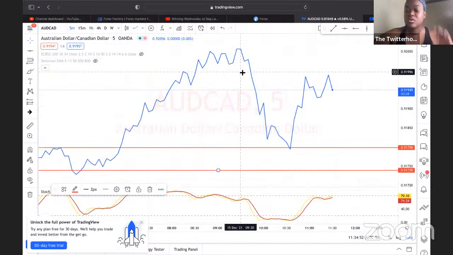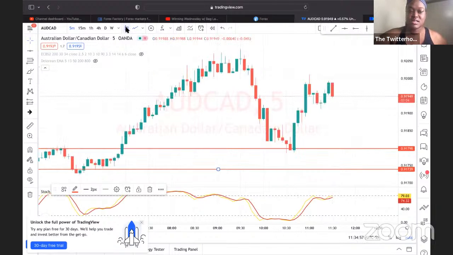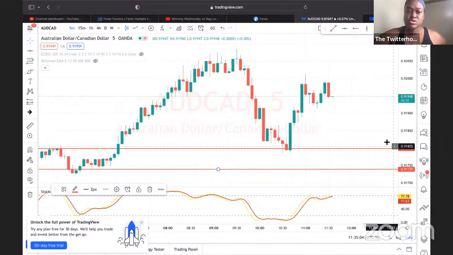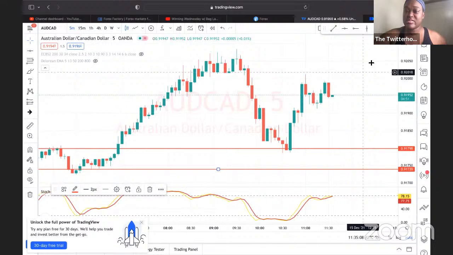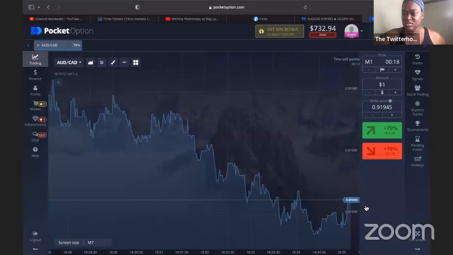Yeah. So I actually would not be getting into this trade until price comes down to 798. So I need price to come down to 798 and then I would jump in the trade. Right now it's at 946.